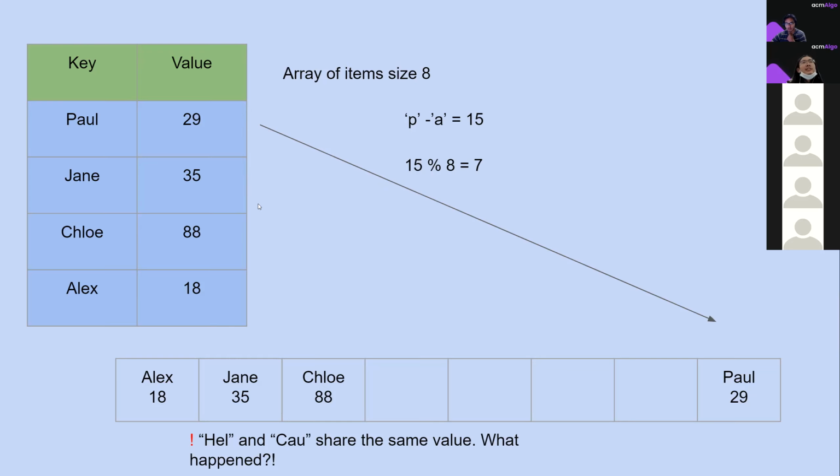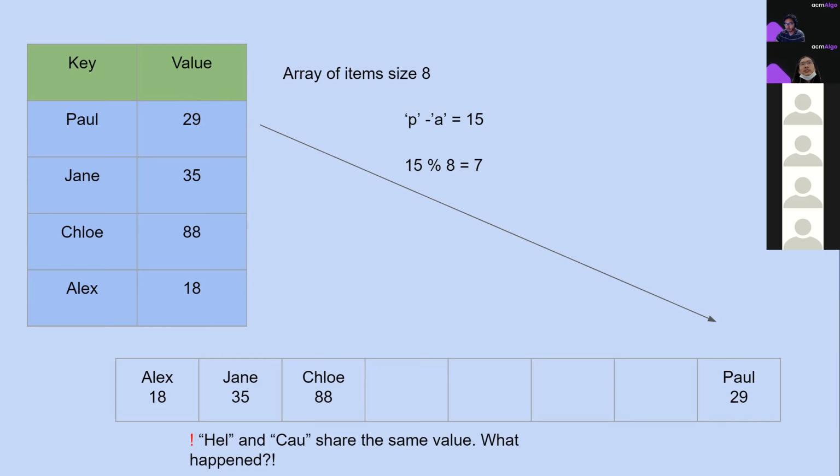So as you can see, to demonstrate the hash function, we have keys and values. The first key we have is Paul, and the value is 29. And for example, we have an array of items that has a size of 8. What happens is we want to transform the key into ASCII values. The first one, p minus a, equals 15.